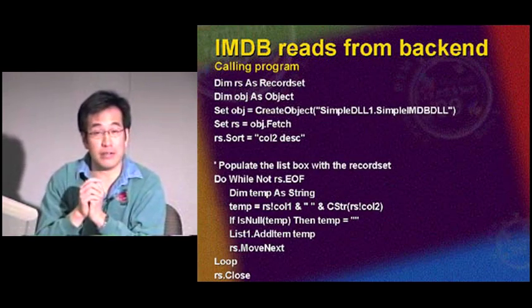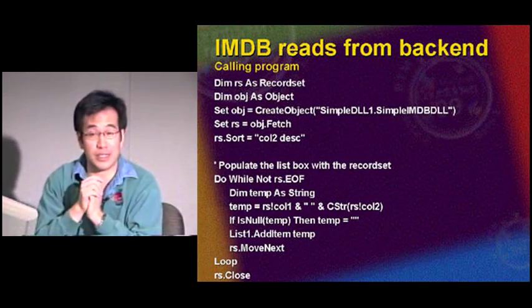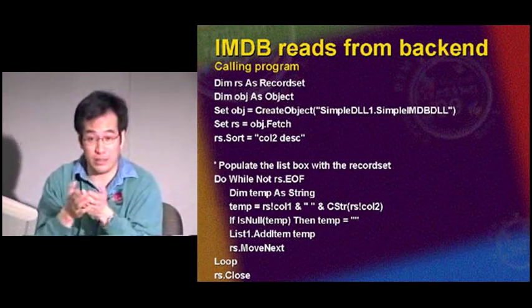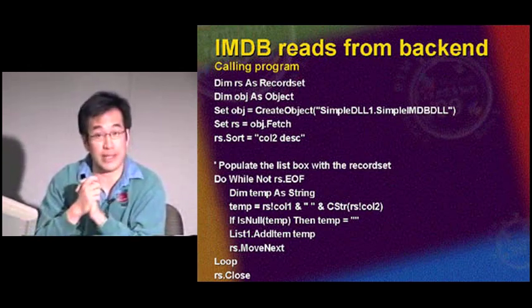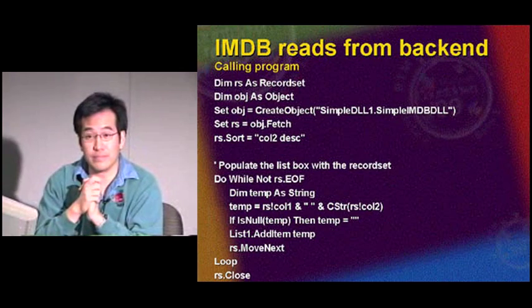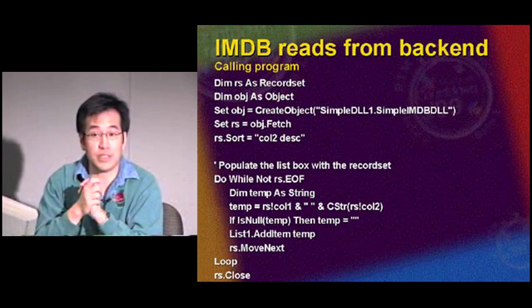So now we'll see how easy it is to call into that ActiveX DLL from a standard Visual Basic EXE using Visual Basic and ADO. All you need is a record set object and a declared Visual Basic object.